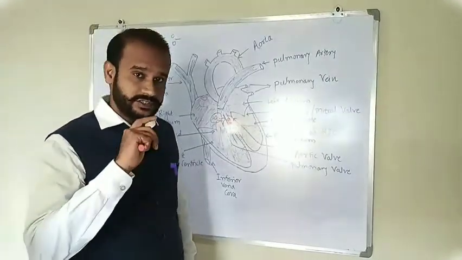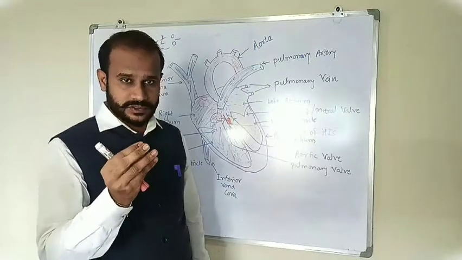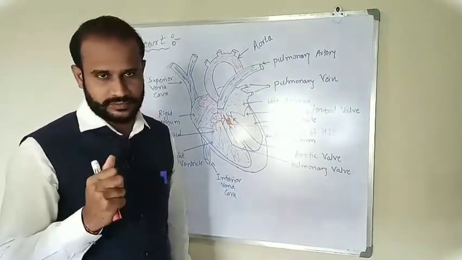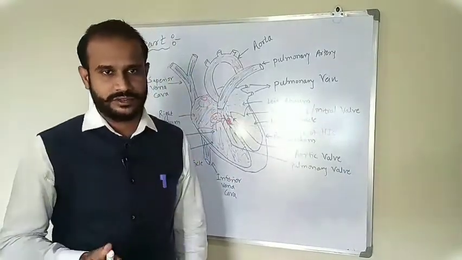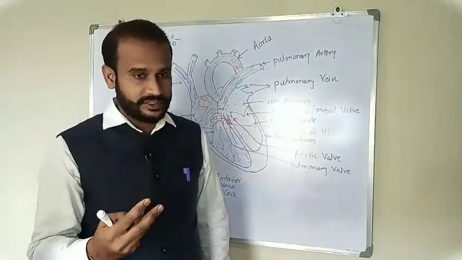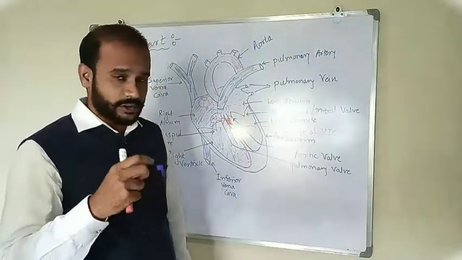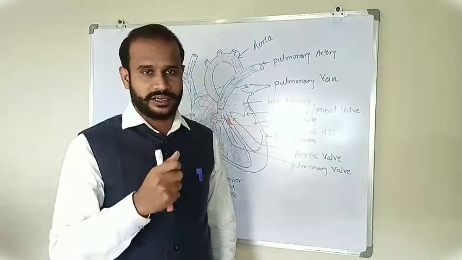Now, arteries and veins. What is the first difference? The main first difference is that arteries carry the blood away from the heart, and veins carry the blood towards the heart. Second, arteries have more pressure than veins, right? And arteries carry oxygenated blood except the pulmonary artery.